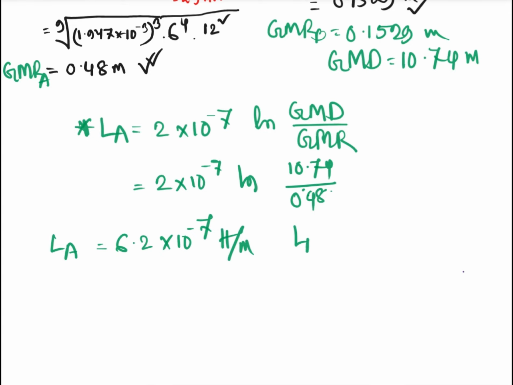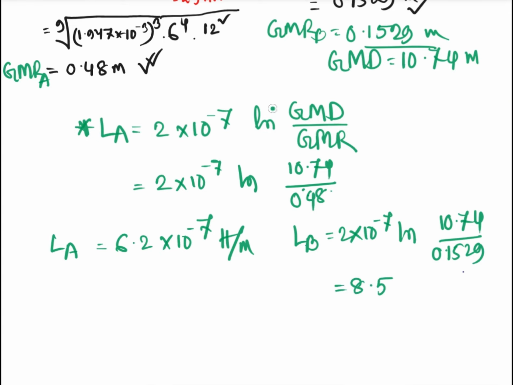Same for LB, the equation will be 2 into 10 to the power minus 7 ln GMD 10.74, and GMR for B circuit is 0.1529 meter. We'll have here 8.5 into 10 to the power minus 7 Henry per meter.